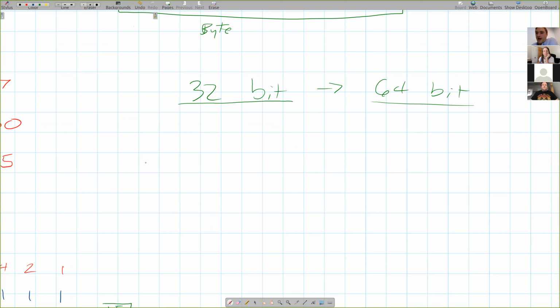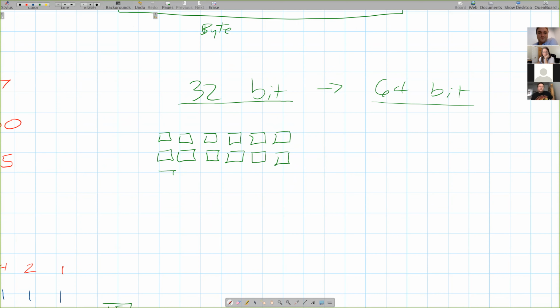Imagine your RAM in your computer as just a bunch of little boxes. And in each of those boxes, you can store a byte. You can store 2 bytes.